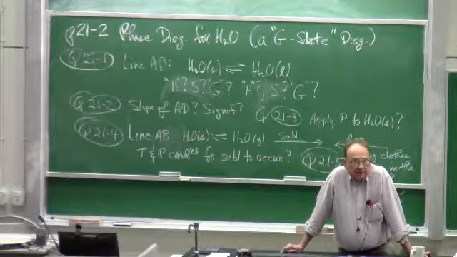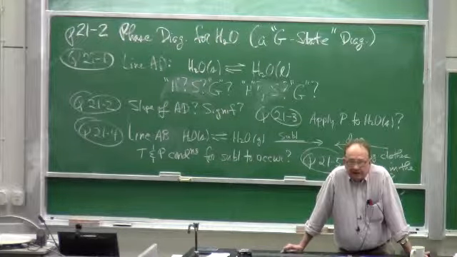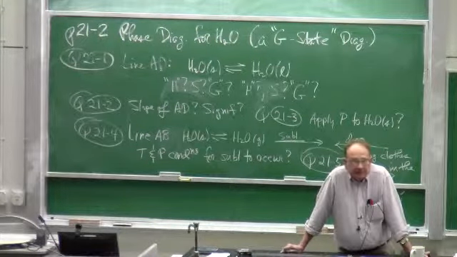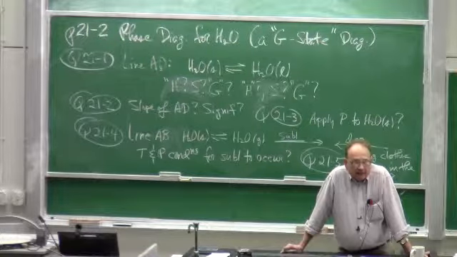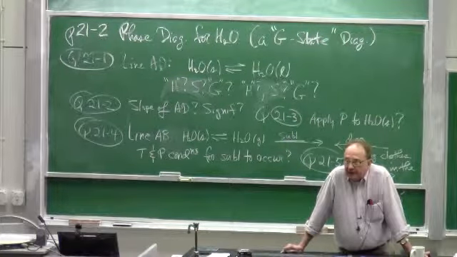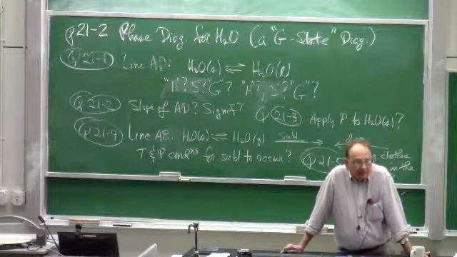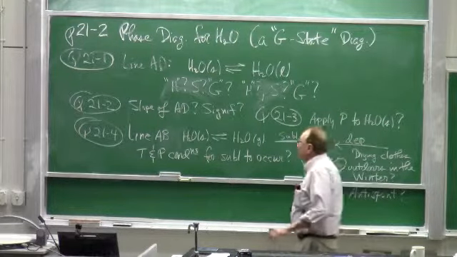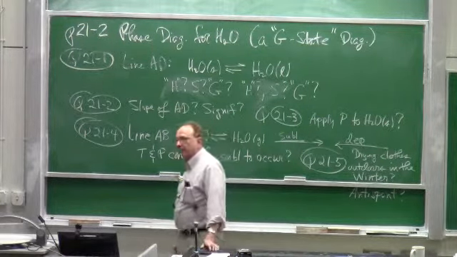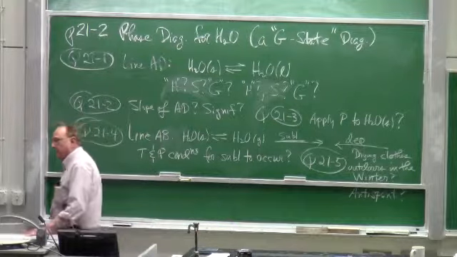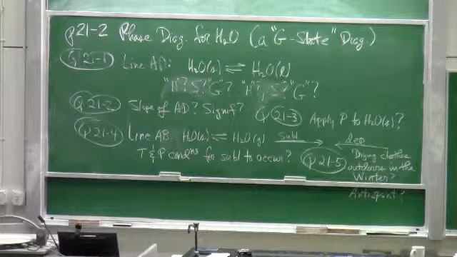Equal. They're equal. That's why equilibrium exists. That's the only way equilibrium can exist, is when the overall thermodynamic stability of reactants equals overall thermodynamic stability of products. But at any point on line AD, how does the enthalpy of water solid compare to the enthalpy of water liquid? Are these enthalpies equal?